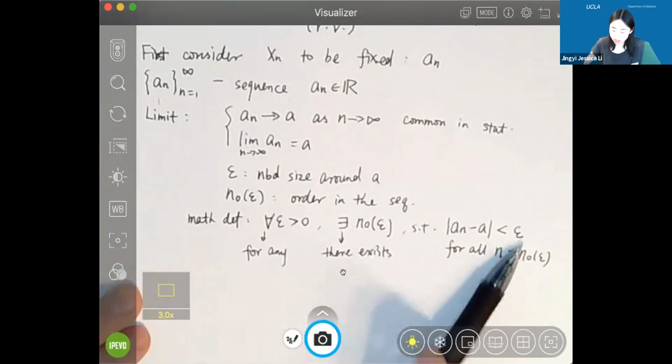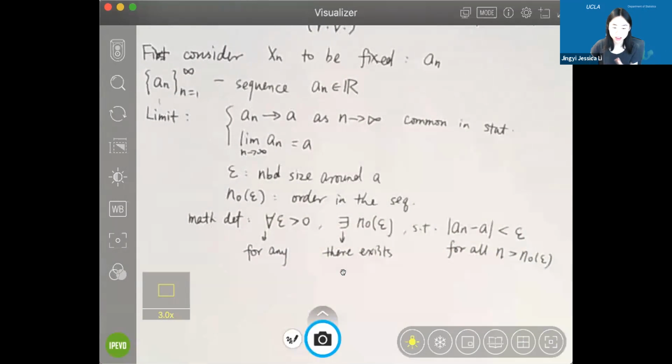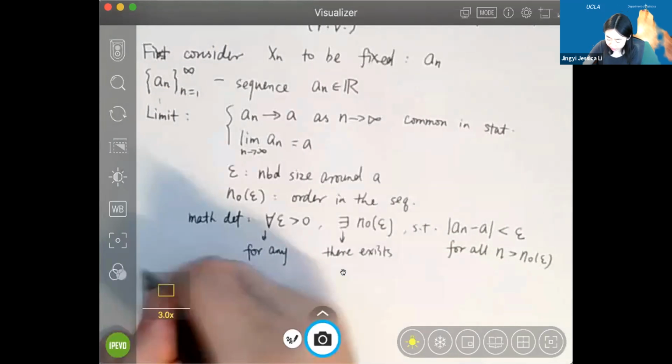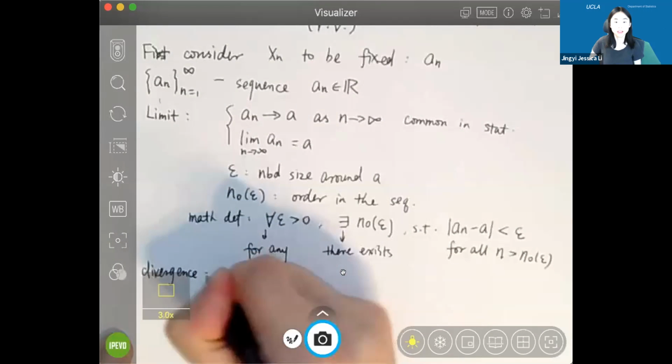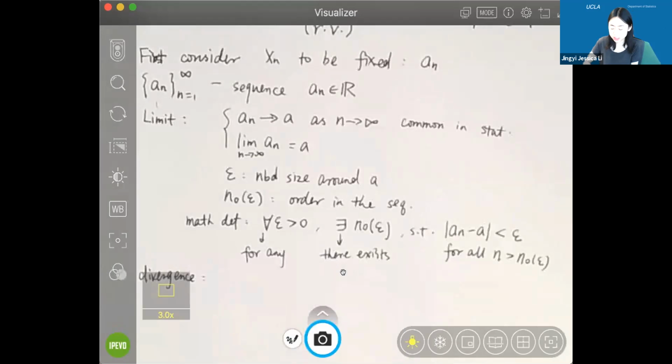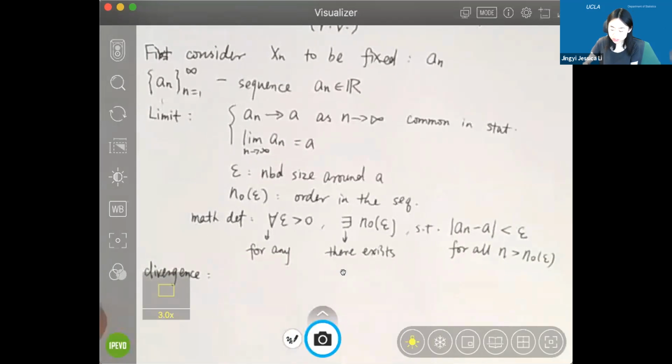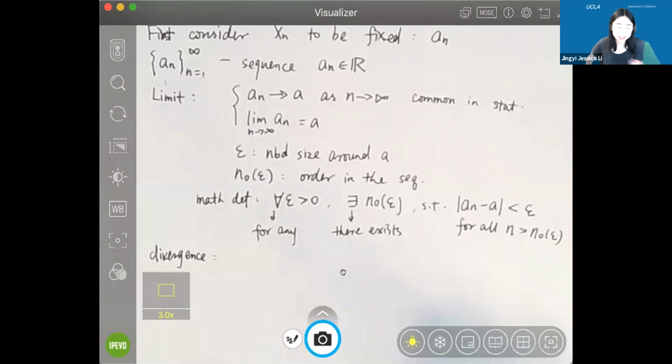This is about convergence. On the other hand, we can talk about divergence. What does divergence mean? Divergence basically means that we're still having a limit, but here the limit becomes infinity. The sequence numbers become larger and larger. Then we can think about a similar definition.